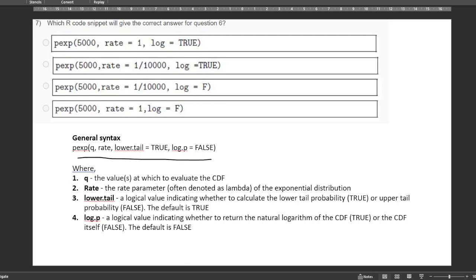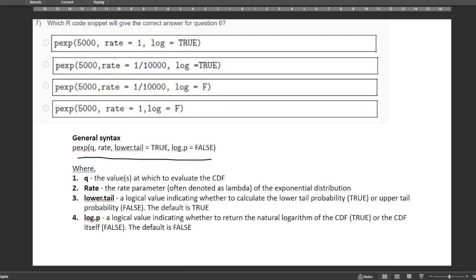We have to calculate till 5000. So 5000 is the same for all the answers. The rate is 1 by 10,000. Yeah, lambda is 1 by 10,000, because it happens in t, so 1 by t. That is the rate parameter.